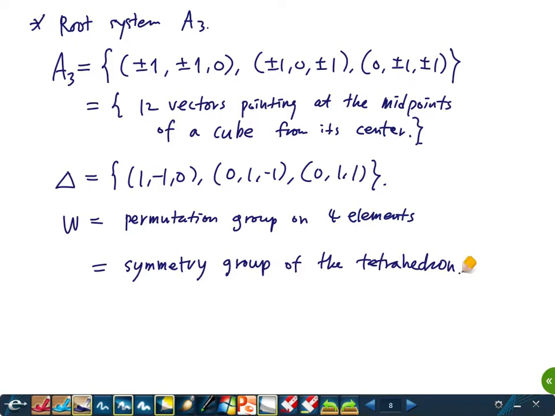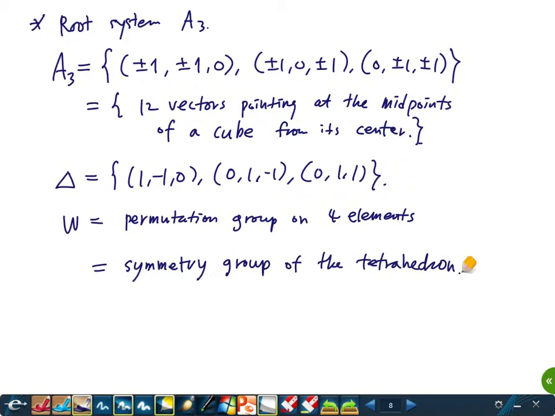It's not clearly visible from here, but there is another way to understand the type A root system. This looks a little complicated, but we have 12 vectors. Look at their endpoints. We have 12 endpoints, and consider the convex hull of these 12 midpoints.